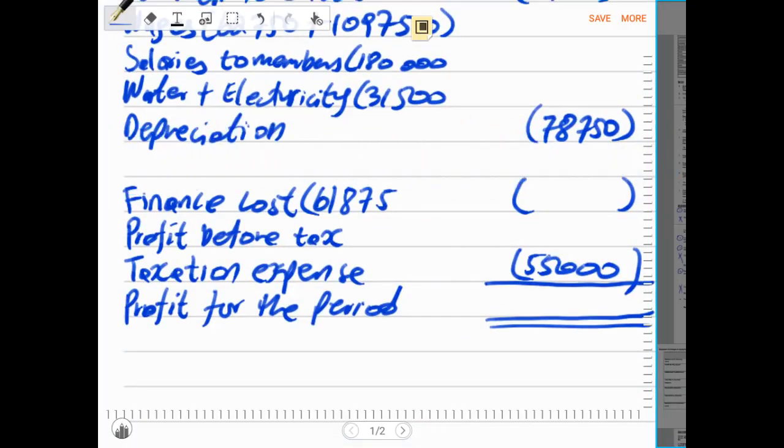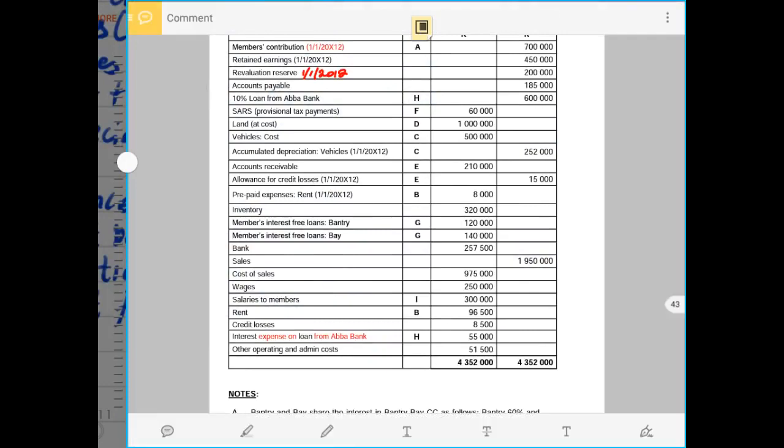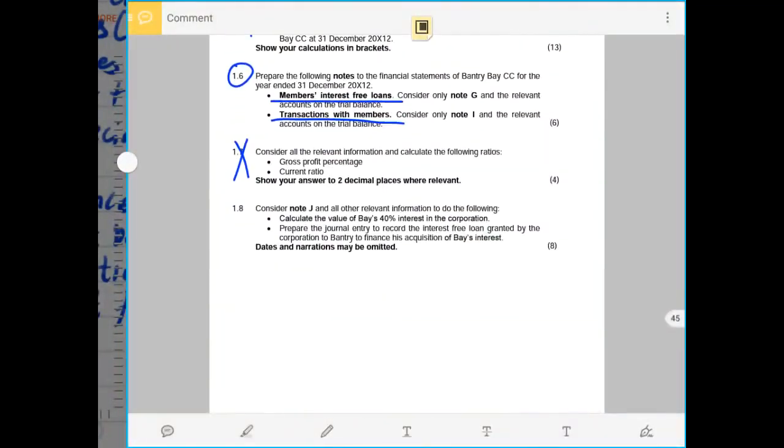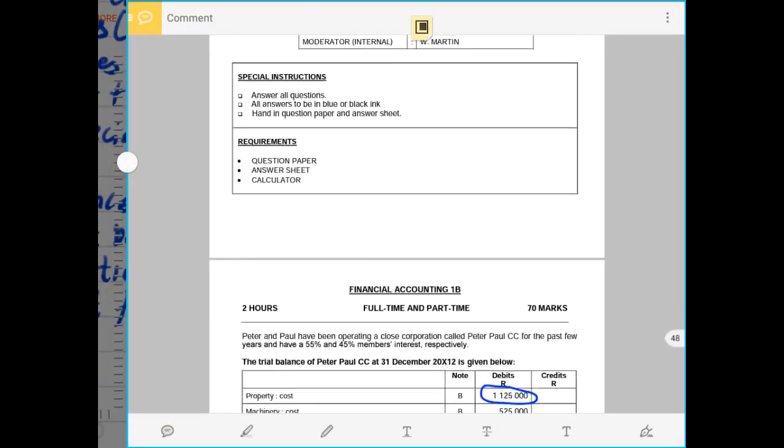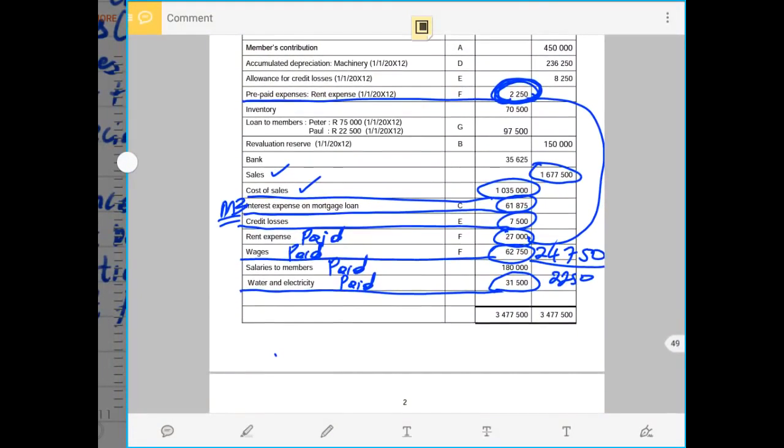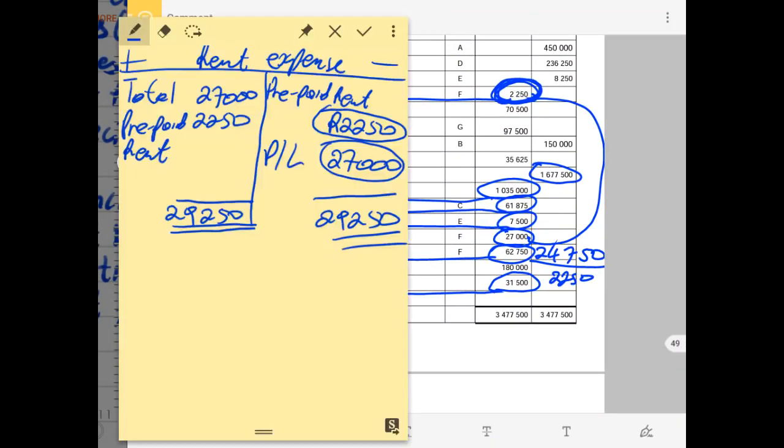Now remember, when it comes to tax, you might sometimes be required to calculate tax receivable or tax payable to SARS. So now we know that tax expense is 55,000 rands.